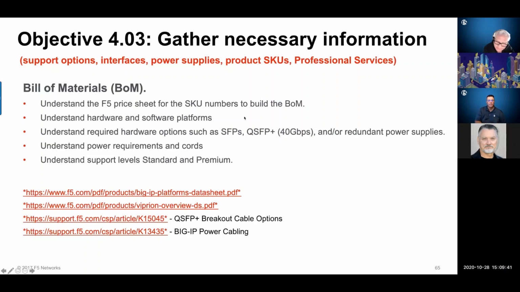The key thing we're looking at when we took this exam is the lines. These are things we tend to forget when we're building a list. I might know which F5s to position. Maybe I'm going to sell them a pair, quantity 2, of i5800 series, but I forgot to put on there the type of cables they're using. Maybe they're in Europe and have different electrical cables.